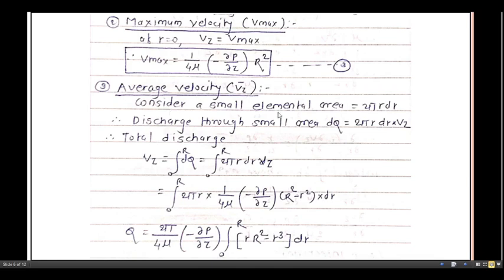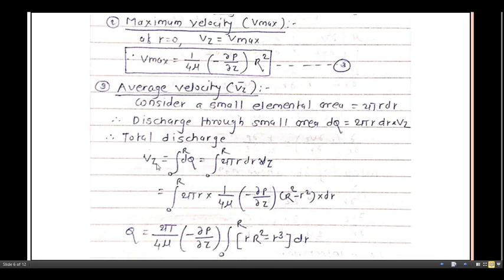For that, consider the small element area, that is 2 pi r multiplied by dr. The discharge through a small area, that is dq, is nothing but this area multiplied by the velocity along the z direction.